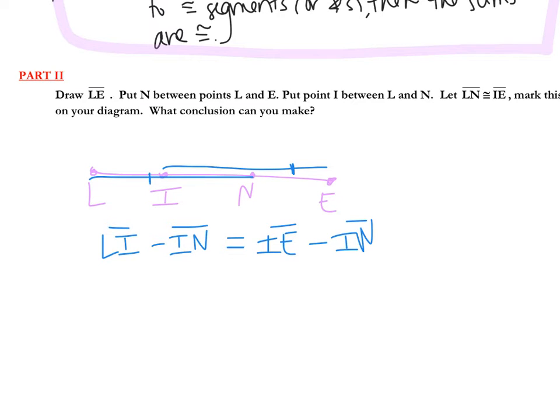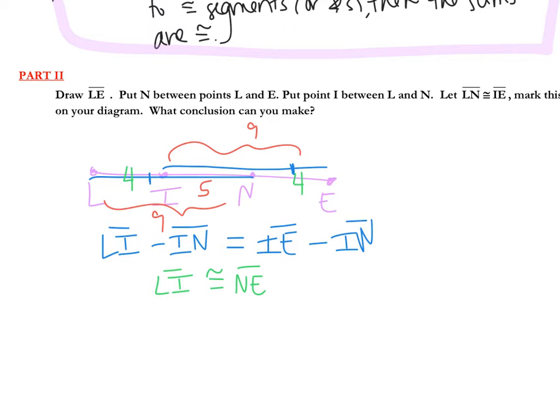So let's say this whole length was 9, right? So this is 9, this is 9. And then I said, take away IN from both. What are you left with? 4 and 4. Those are congruent. So LI is congruent to NE.